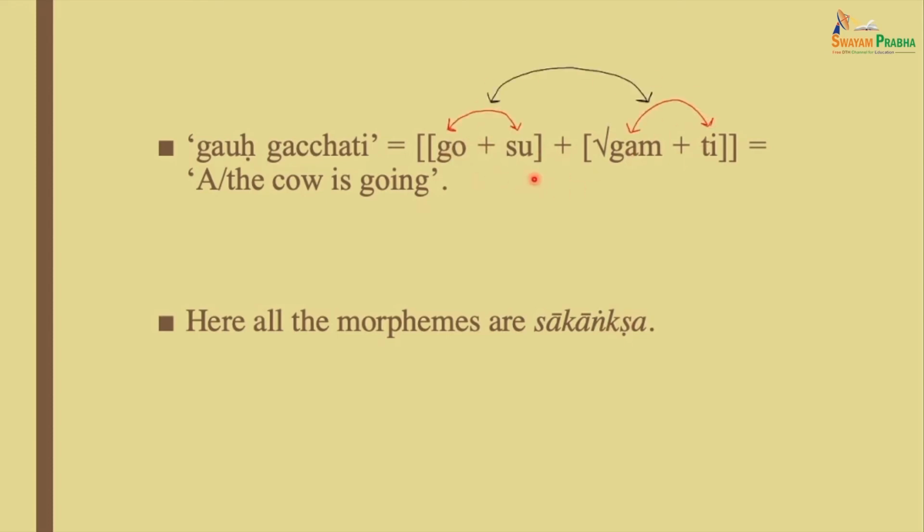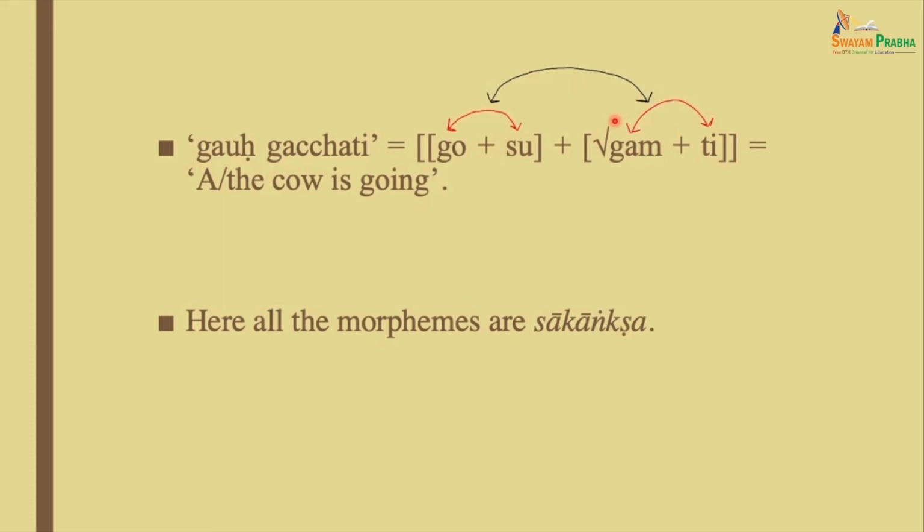Because of their mutual connectivity, their expectancy, go expects su to supply it with a kind of completeness, completion, whatever you say. So then that makes a unit, and the same applies here. And then both the units make another unit.